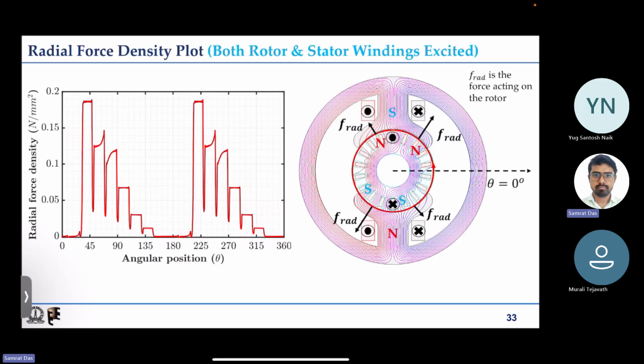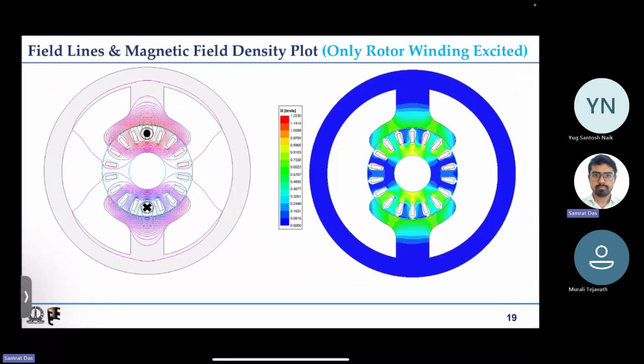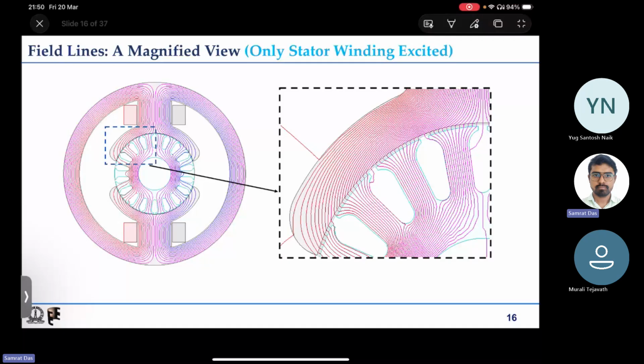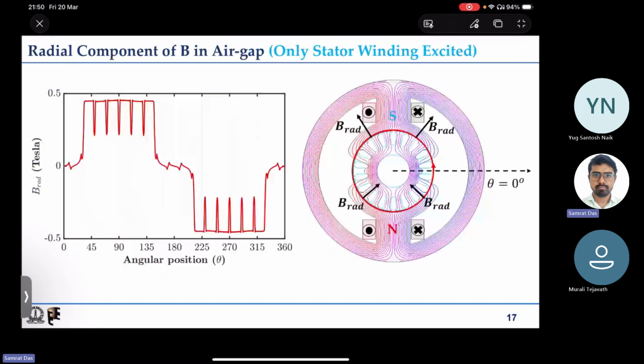So let us try to see what difference we have from the case where only the field winding was excited. So if only field winding was excited, and mind you, this is the case for when there are no slots, you have a reasonably high and constant radial force density under the pole, and it is almost constant at 0.1 Newton per mm square.